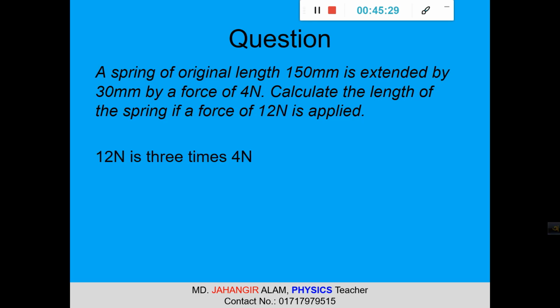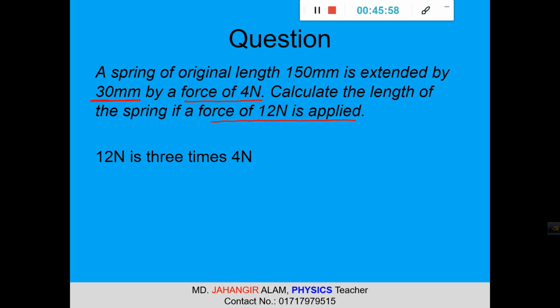So 12 Newton is 3 times 4 Newton. A force of 4 Newton produces 30 millimeter extension. So if we apply a force of 12 Newton, it is 3 times.